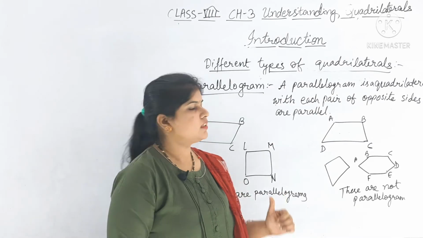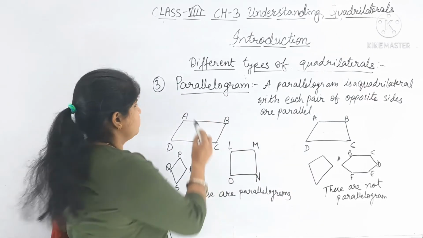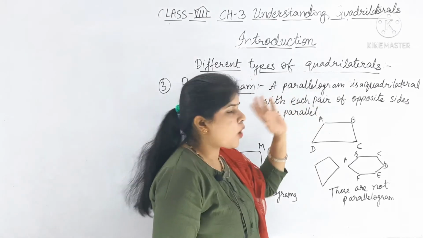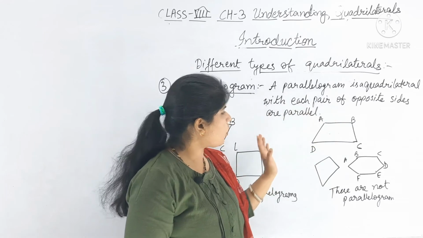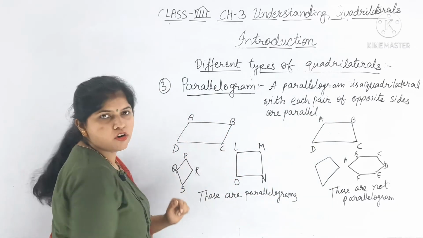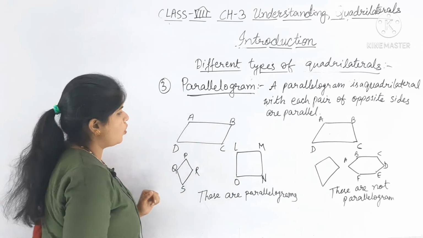Here you can see the next type of quadrilateral, the parallelogram. A parallelogram is a quadrilateral in which each pair of opposite sides is parallel. Here you can see this is a parallelogram. Opposite sides are parallel.